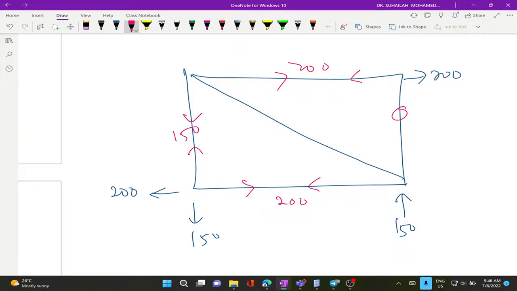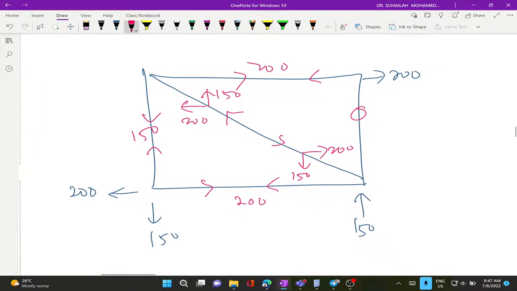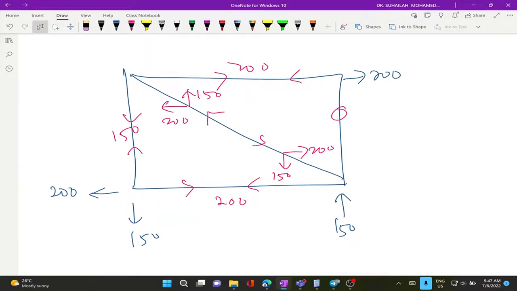And then what we get? We get here 200, 150, and we get 200 and 150. So this is the member force, or internal forces, in the truss.